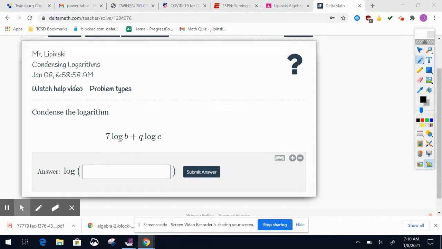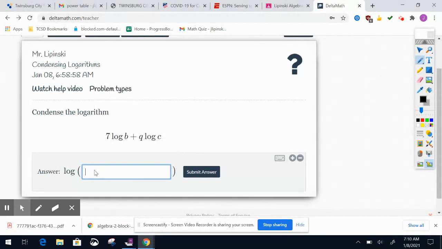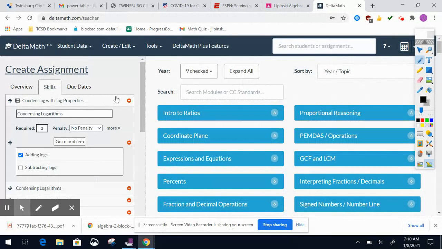I'm not going to be able to write on this, but I wanted to. What does this 7 do here? It's an exponent, right? So this would be b to the 7th, okay?